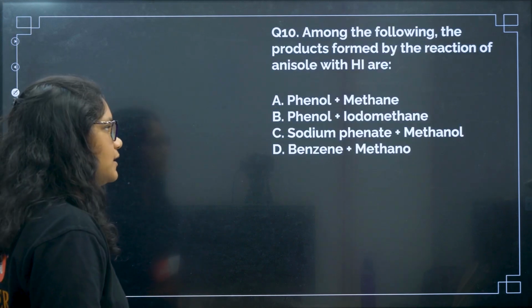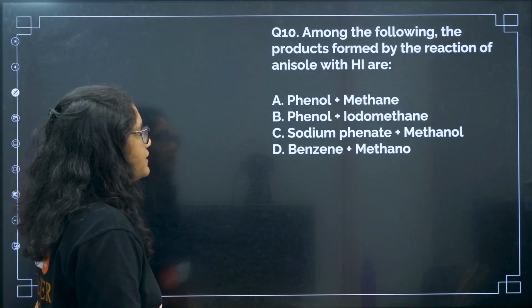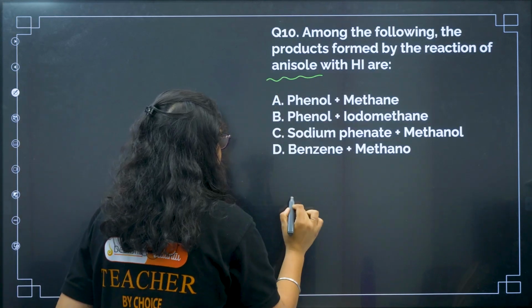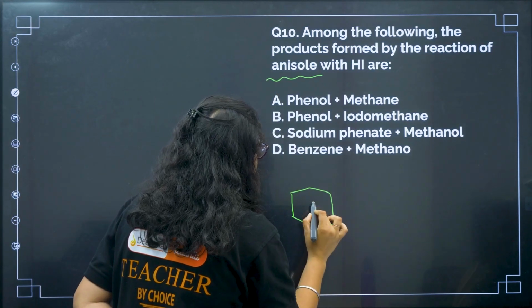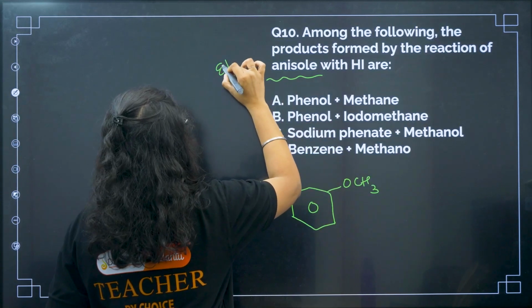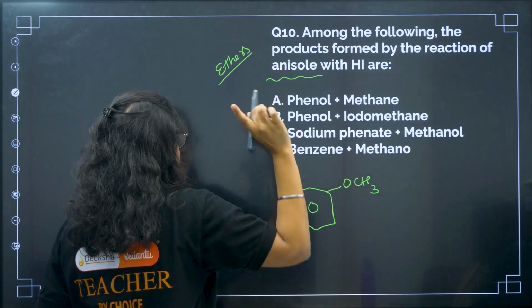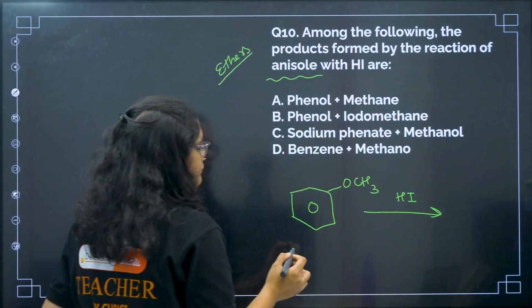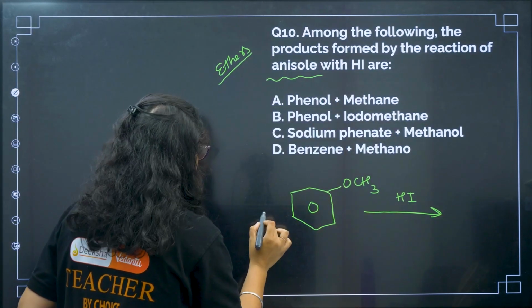Now question number 10. Among the following, products formed by the reaction of anisole with HI. Again, the anisole structure you need to know. Common name is given. So anisole is C6H5-OCH3, right? This concept is from ethers. Okay, very important, cleavage of ethers, and Williamson's reactions are very, very important. Now if you treat it with HI, the phenol will always take OH.